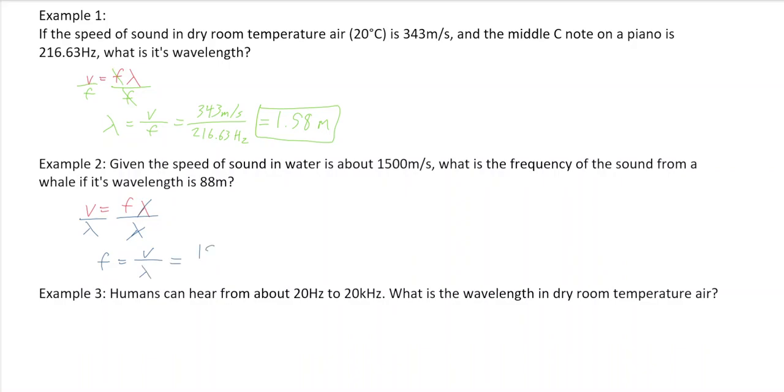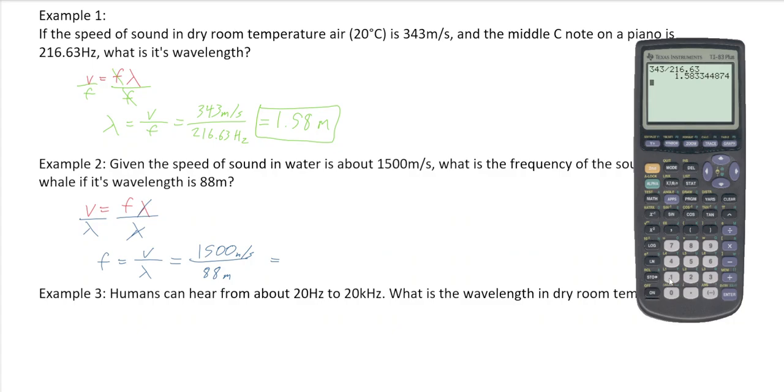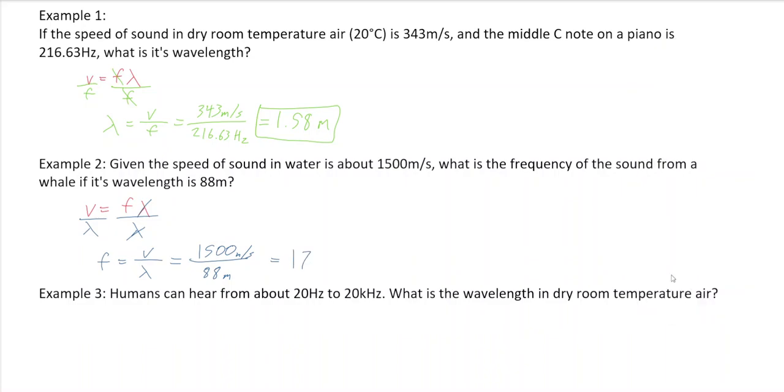So 1,500 meters per second over the wavelength of 88 meters, which means that our answer is going to be 1 over seconds or hertz. So 1,500 divided by 88, which is 17, well, we'll just leave it there, 17 per second or hertz.